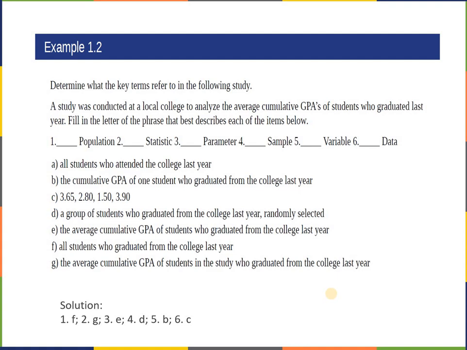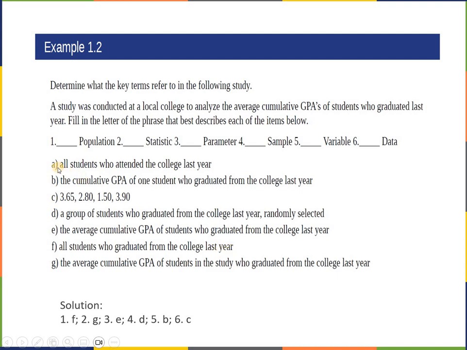So the population in this case, notice how we want to analyze the average cumulative GPAs of students who graduated last year. So our population is going to be all students who graduated from the college last year.